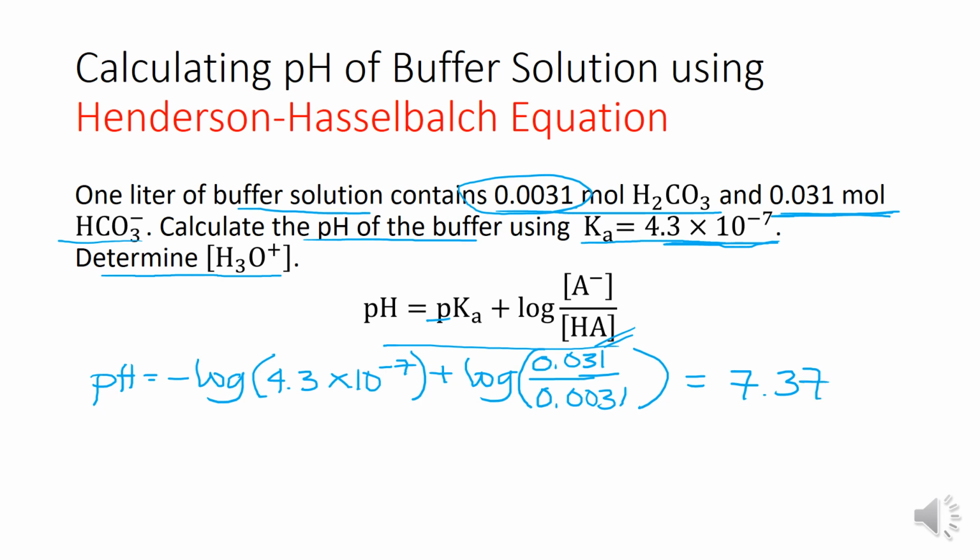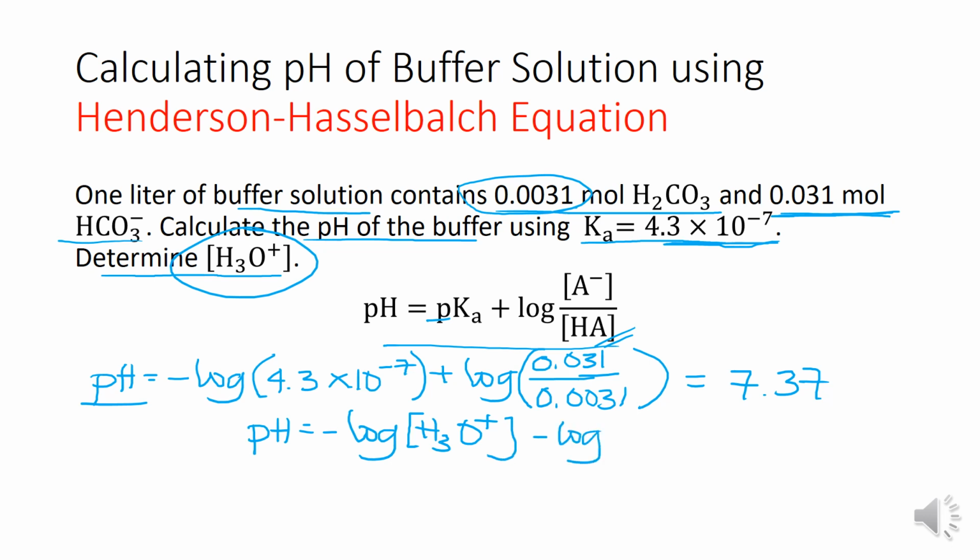How do we get the hydronium ion concentration from pH? We have to use the reverse of the formula for pH. Remember, pH is equal to negative log to the base 10 of the hydronium ion concentration, and this is a logarithmic expression.